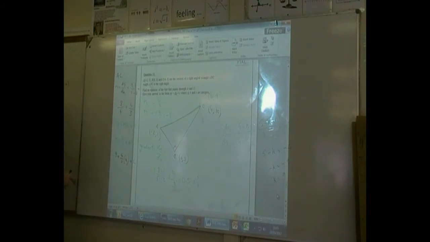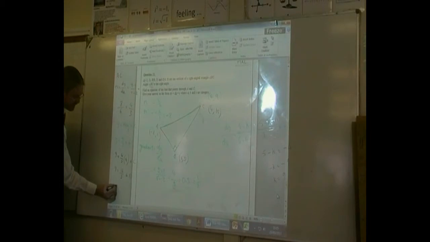Let's work out what that's going to be. 9 equals, and 4 times 4 is 16, so 16 over 3 plus c. If I times everything by 3, that might help me.